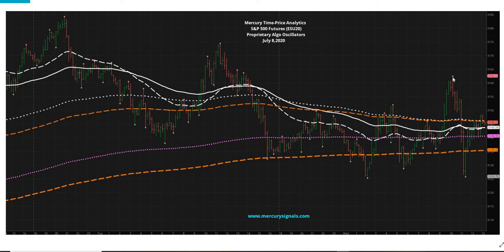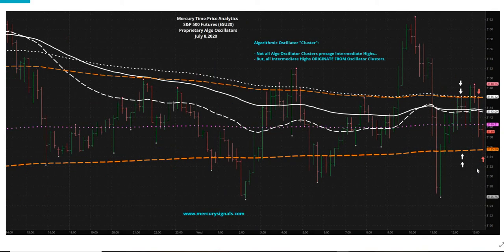We had the daily high up at 3162, and then a plunge in the opposite direction, down and through to about 3125.26, and another move back up in here, a lower high, and then you'll see on the next chart a higher low.